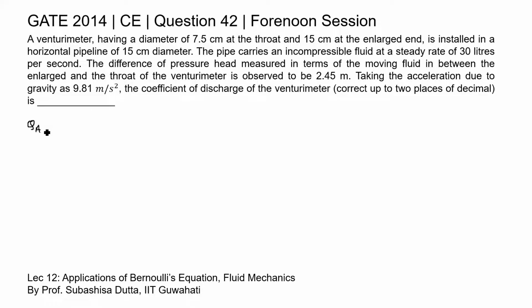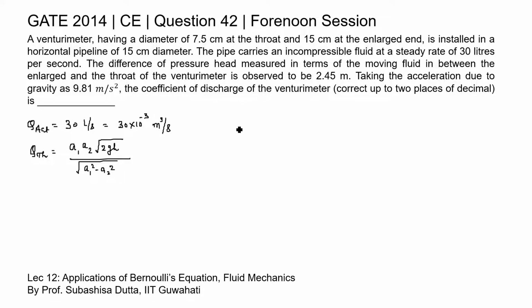Q actual here, 30 liters per second. So we can write this as 30 into 10 to the power minus 3 meter cube per second. Now the theoretical discharge will be A1 A2 root over 2GH by root over A1 square minus A2 square.